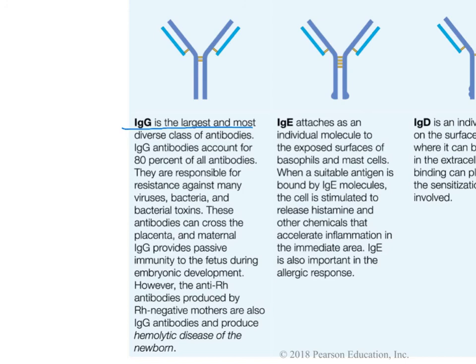So they're responsible for resistance against many, many pathogens. They can cross the placenta, so the mom can give protection to the baby. This is the anti-Rh antibodies. They are the IgG antibodies.